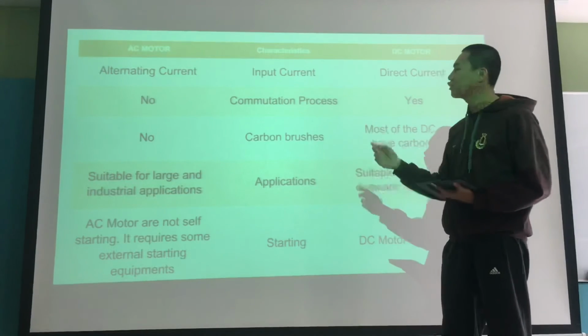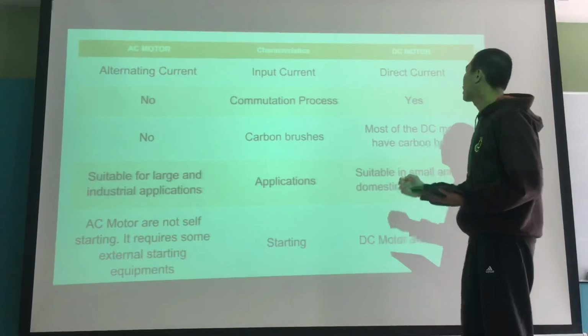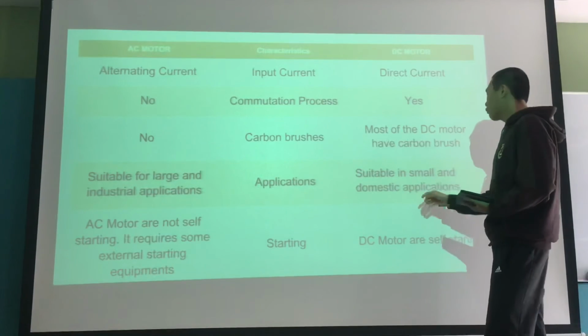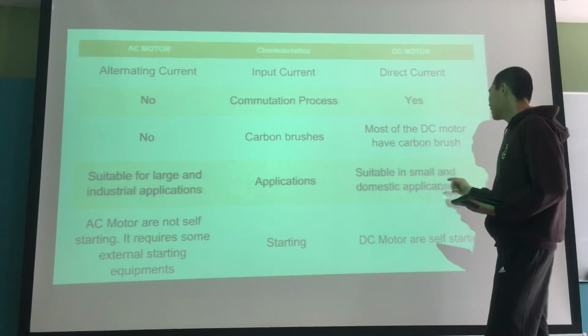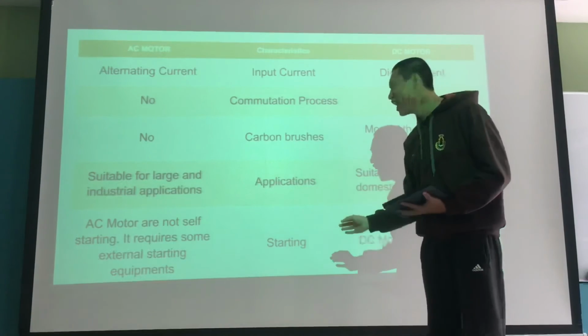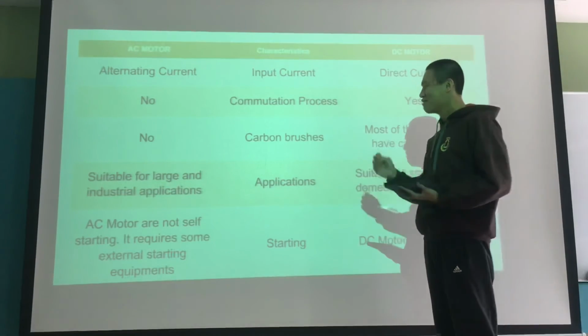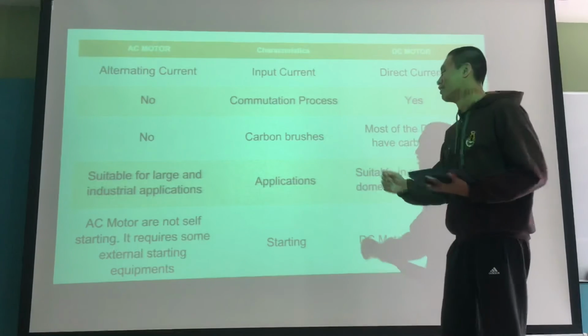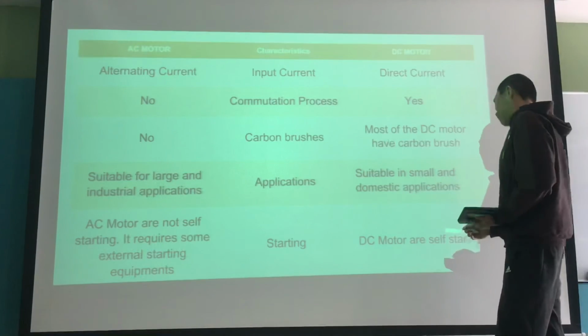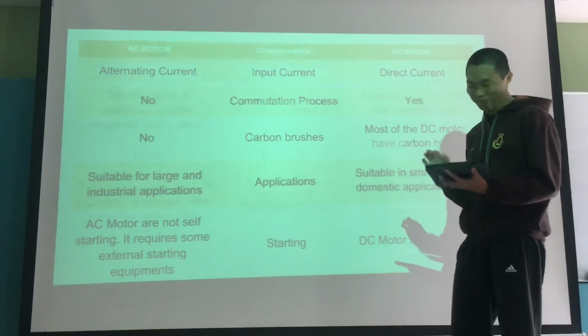The AC motor is suitable for large and industrial applications, but DC motors are more suitable for small and domestic applications. For starting, AC motors are not self-starting. They require some external starting equipment, but DC motors are self-starting.